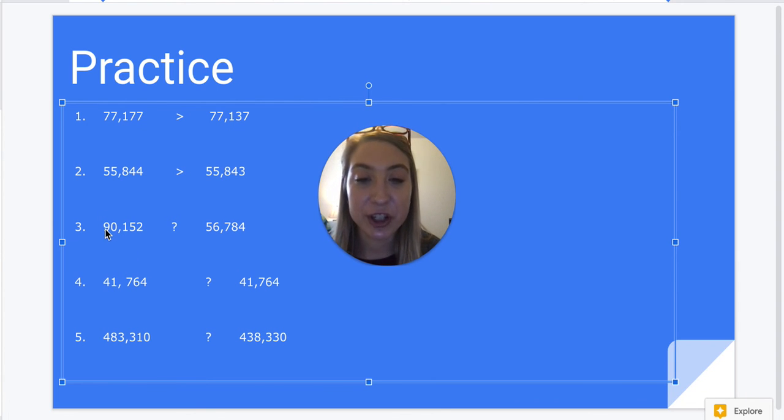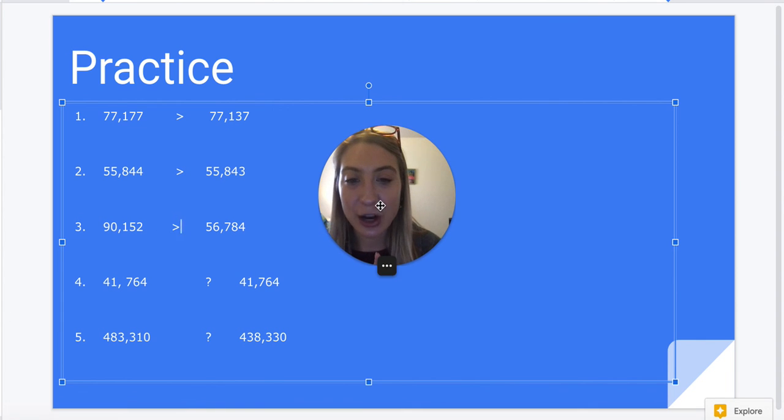So I'm going to first start from the left, my 9 in my ten thousands place, and my 5 in my ten thousands place. So that one's really simple. I already know in the ten thousands place, this number has a bigger number. So this number is greater than. So again, I'd read that as 90,152 is greater than 56,784.